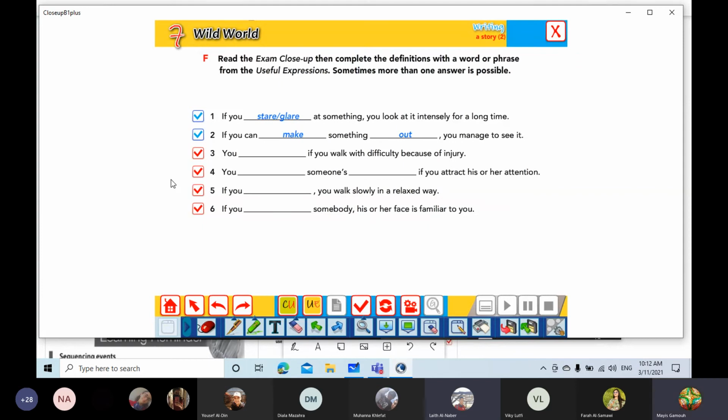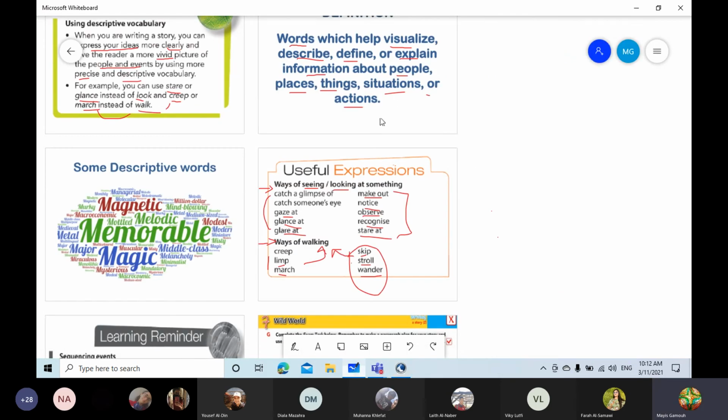Creep. What is the meaning of creep? يزحف. Okay, look at the word which is under it in our useful expressions. Here, dear, number 2. What is this word? Limp. What is the meaning of limp?